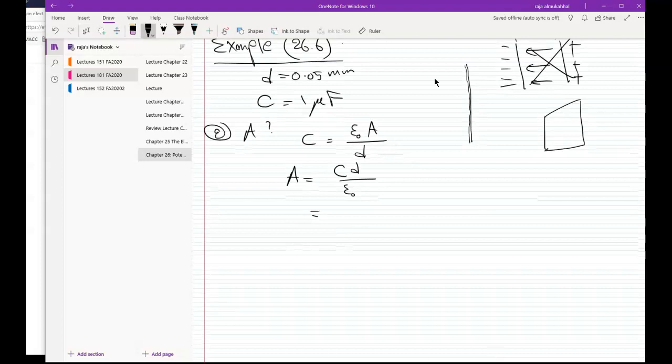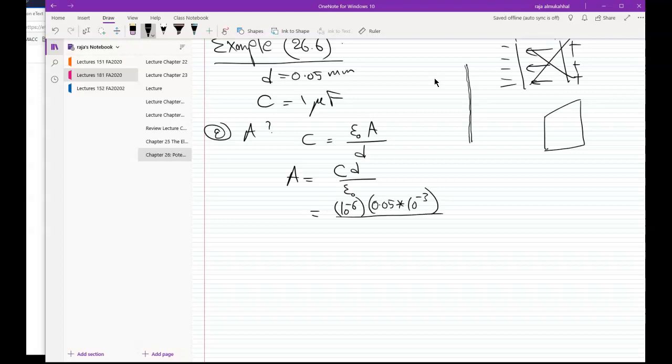In this case, C is 10 to the negative 6 farad times separation distance 0.05 times 10 to the negative 3, divided by 8.85 times 10 to the negative 12. And then I would calculate that, and when I do, I got 5.65 meter squared.